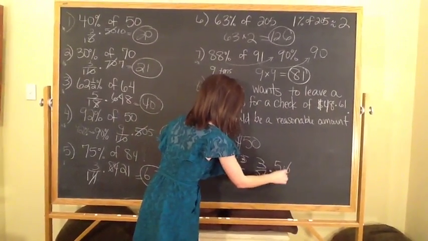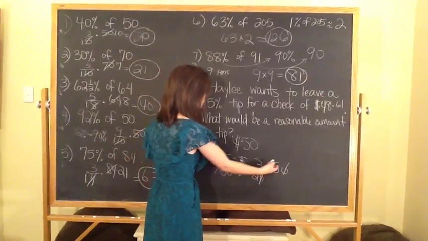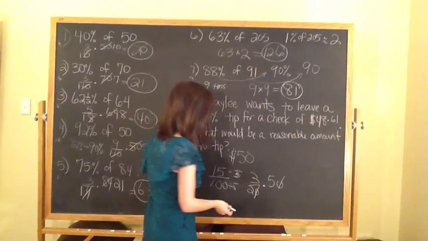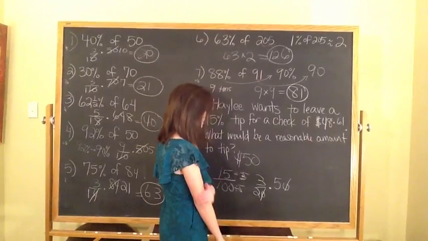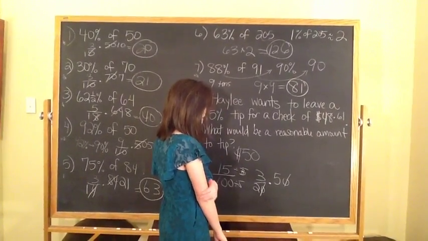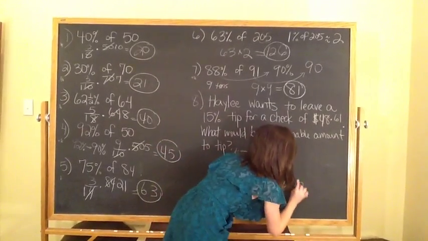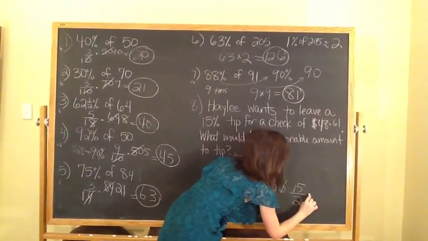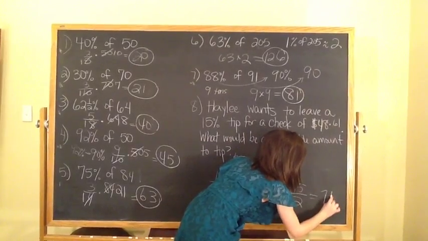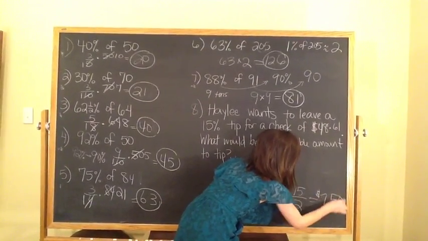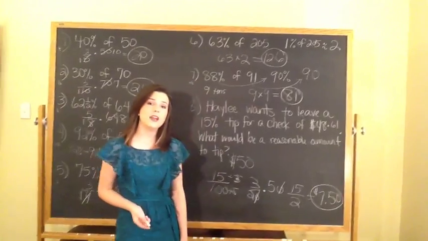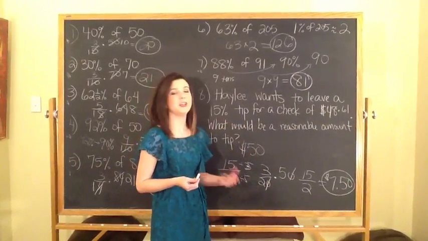We can divide a 10 out of both. So now we have 2 and 5 instead of 20 and 50. And then we'll do 3 times 5, which gives you 15. And then 15 divided by 2 is going to give you $7.50. So that would be one way that you can estimate your tip.